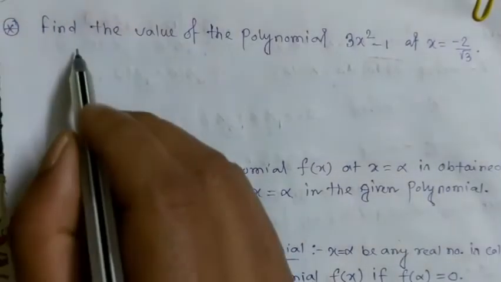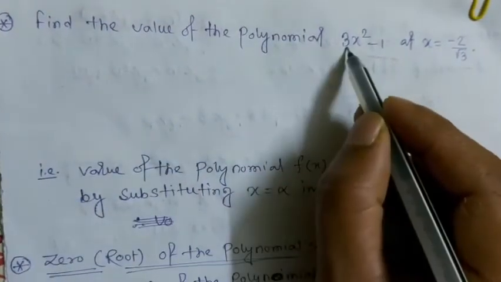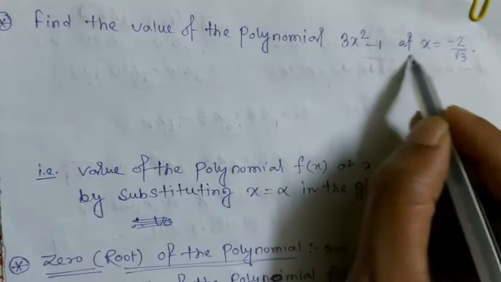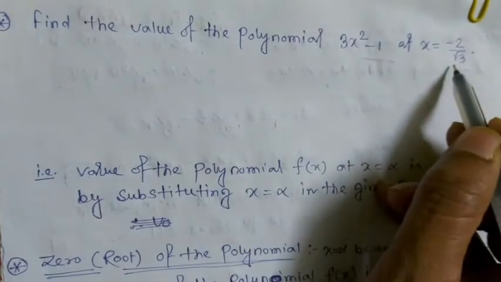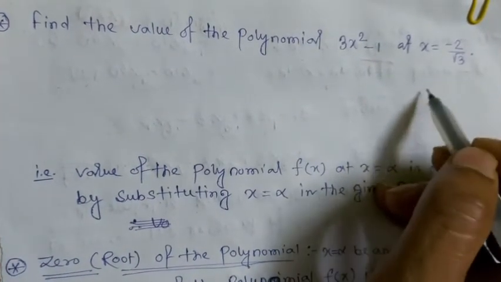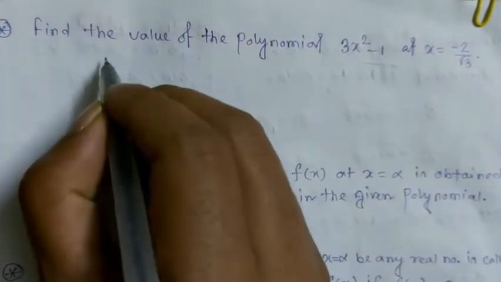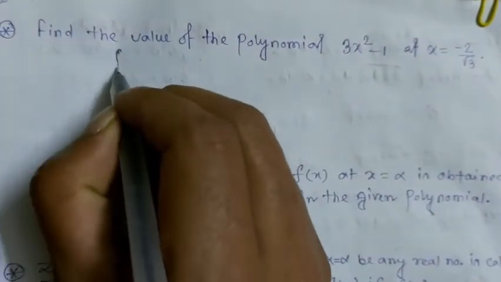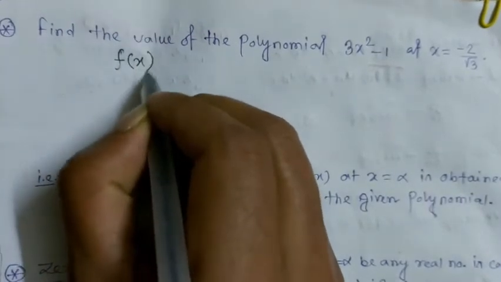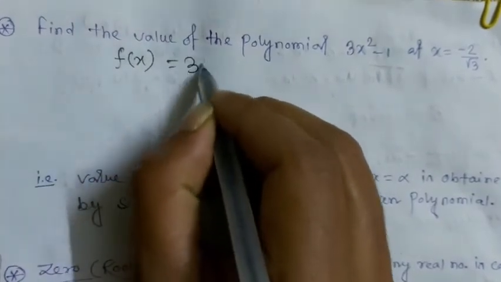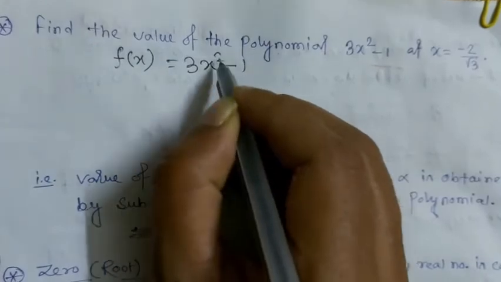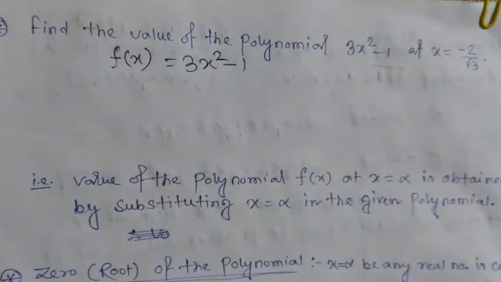Now next one is: find the value of the polynomial 3x² − 1 at x equal to −2 by root 3. Here the polynomial is 3x² − 1, so we can write f(x) = 3x² − 1.